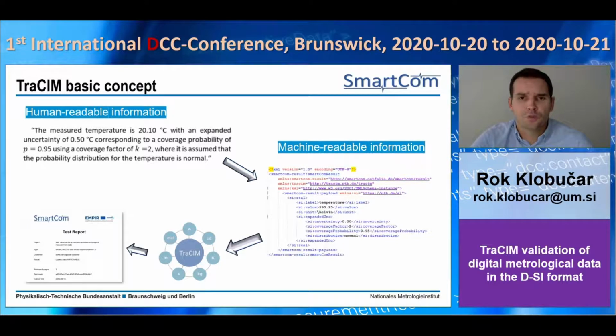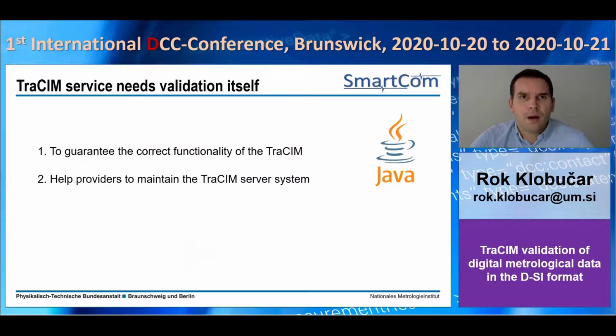This machine readable information is sent to the TraCIM service, and from the TraCIM service we get a test report. But there is another thing to do. We have to validate the TraCIM service. Why? To guarantee the correct functionality of the TraCIM and to help providers to maintain the TraCIM server system.